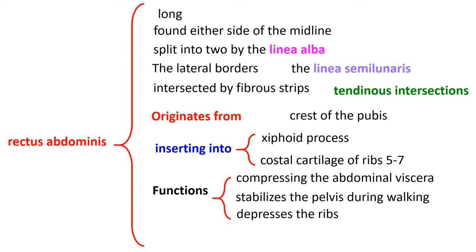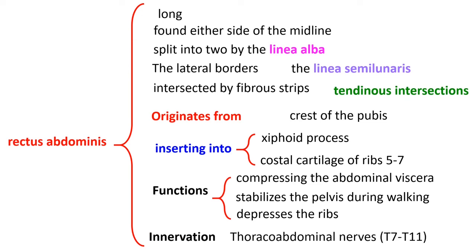You know, depressing the ribs is an expiratory process, and it is innervated by the nerves of the intercostal spaces, T7 to T11.